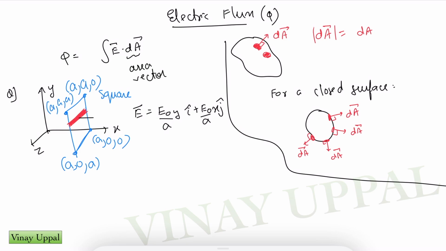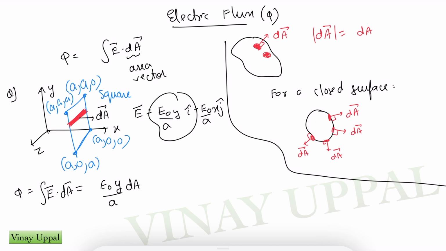Now this will have a dA vector parallel to the x-axis, and therefore when I write my flux as integral E dot dA, I'll end up with E naught y by a dA. Just the x component of the electric field will appear in the dot product. And what can I write dA as?